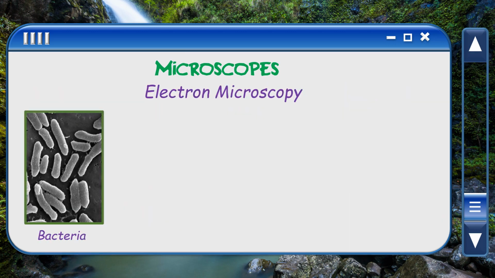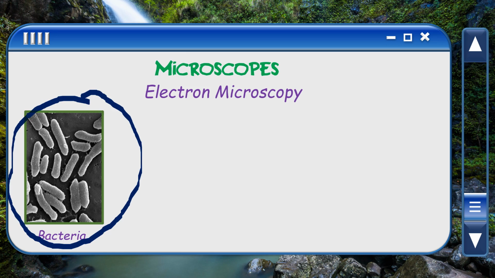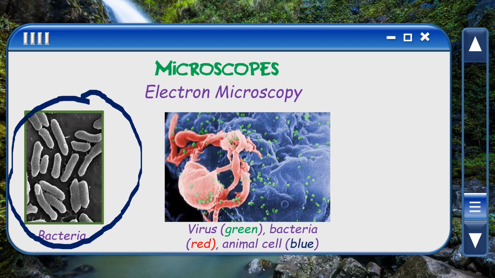Now, if we look at the bacteria seen under an electron microscope, you can see that the bacteria can be seen separated, meaning that the electron microscope has got a higher resolution and also a higher magnification, so the bacteria can be seen one by one. Yet they are very small compared to the light microscope.